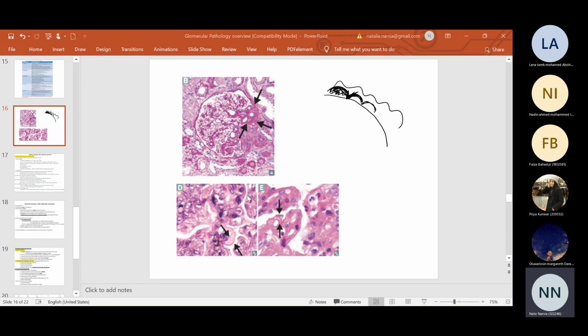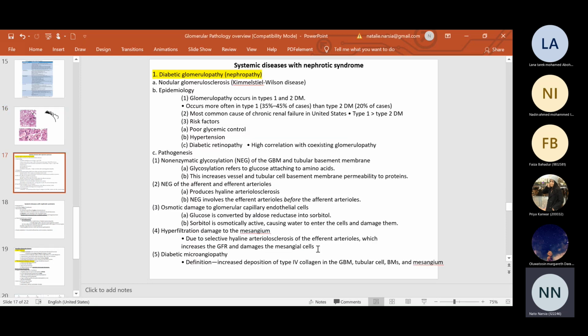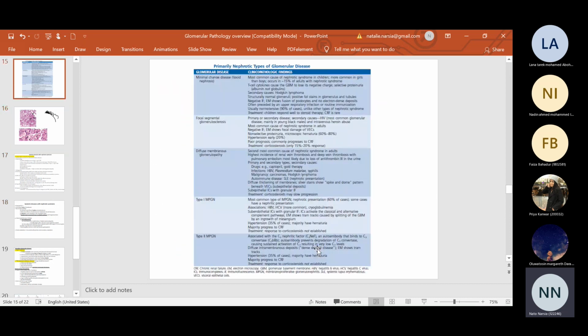Now, when we are talking about membranoproliferative disorders, guys, here comes a lovely, complicated thing. That is type 1 and type 2. That is what you need to pay attention to, okay? Type 1 and type 2 is very important.